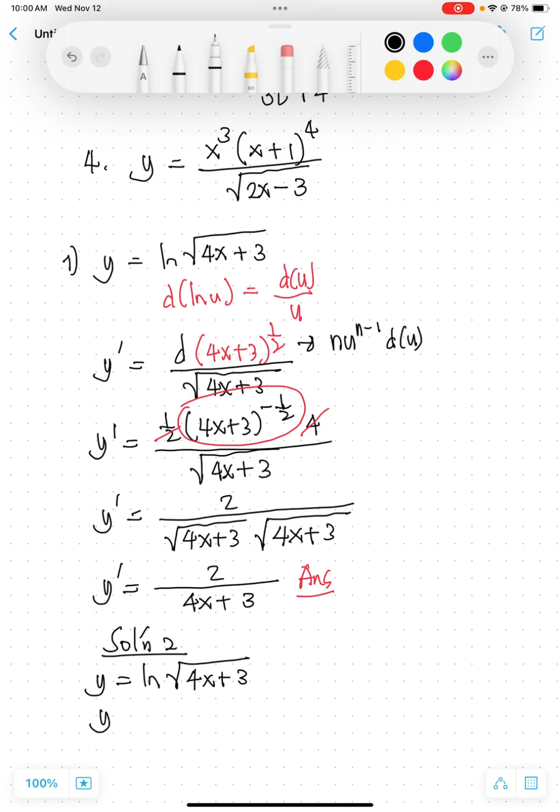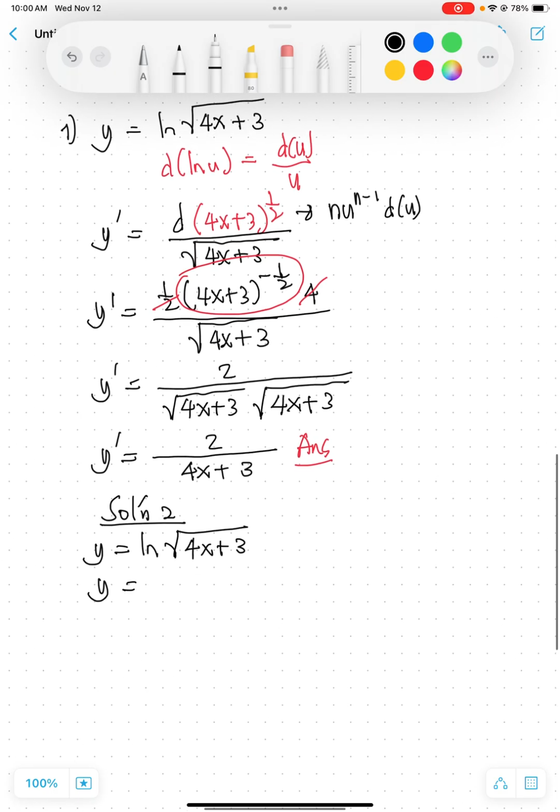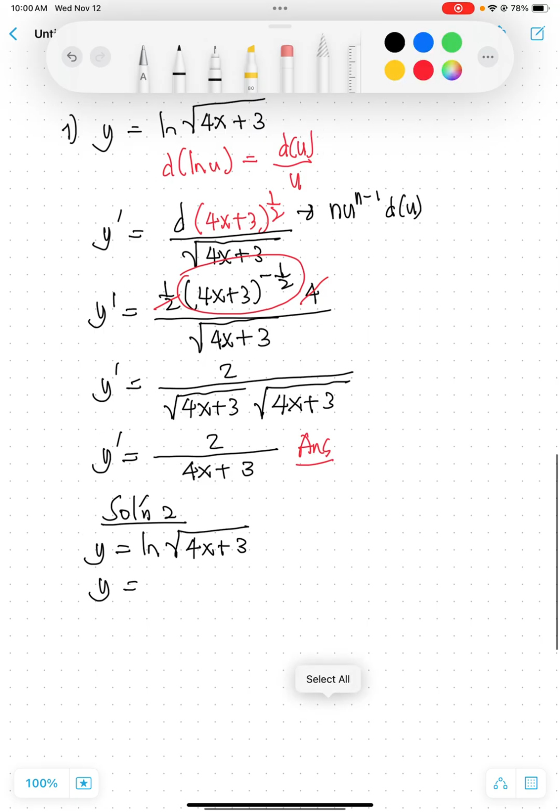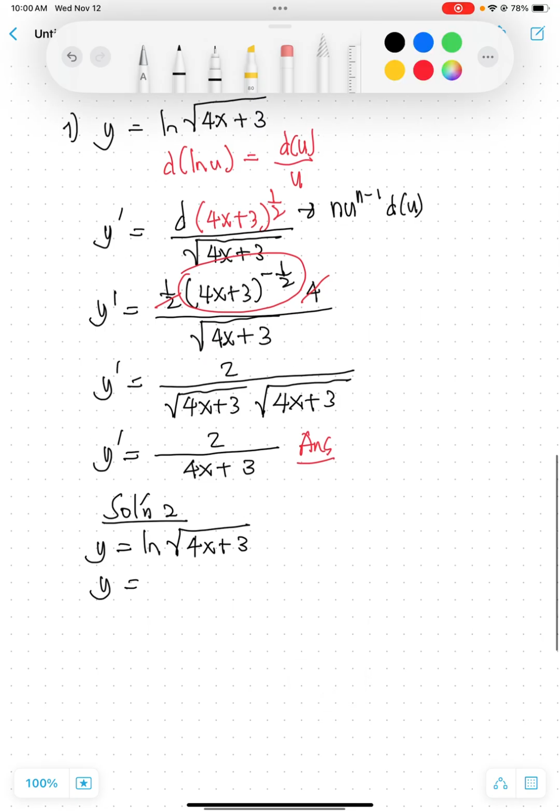Square root of 4x plus 3 is also equal to 4x plus 3 to the 1/2. So before we get the derivative, we are going to apply a property of logarithm.